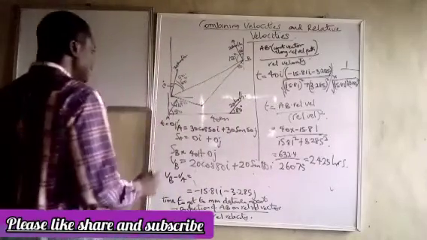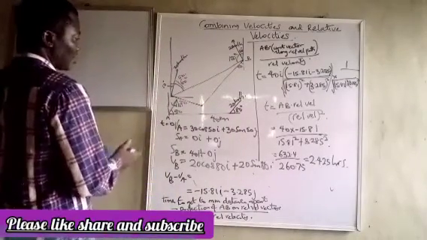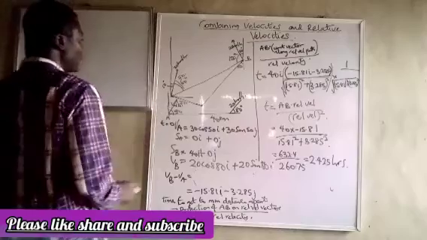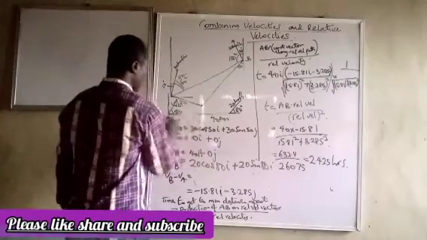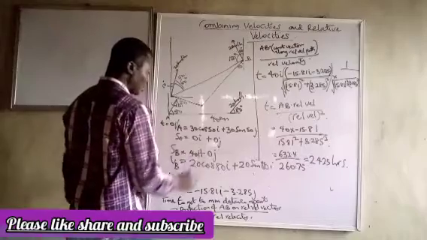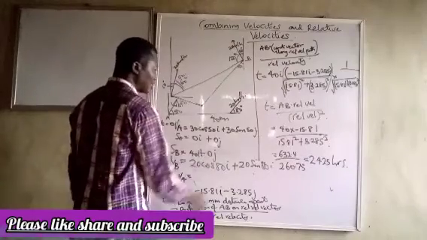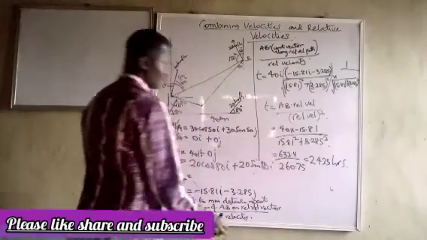So to get the actual value of the minimum distance apart, it is going to be this distance plus relative velocity times the time.